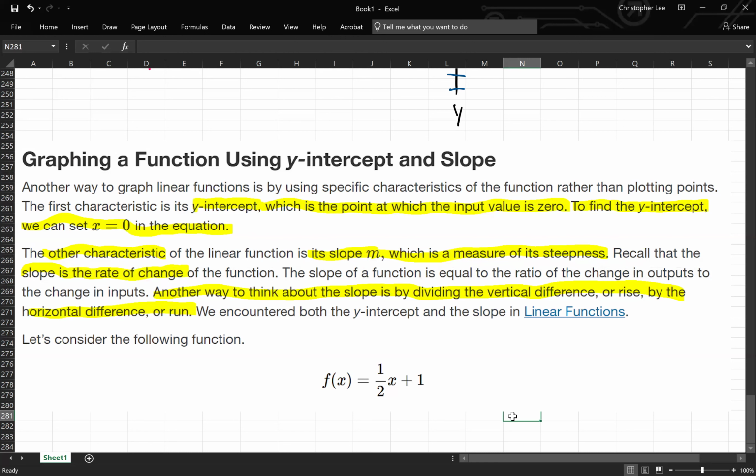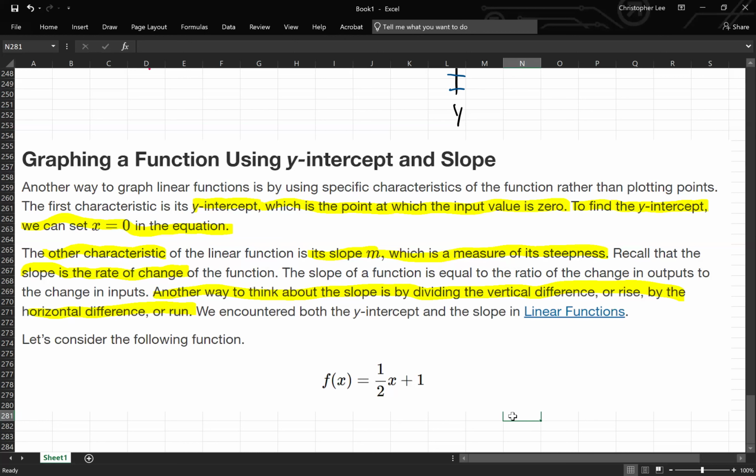The other characteristic of the linear function is its slope, m, which is a measure of its steepness. Recall that the slope is a rate of change of the function. The slope of a function is equal to the ratio of change in the output to the change in input. Another way to think about the slope is by dividing the vertical difference, or rise, by the horizontal distance, or run.